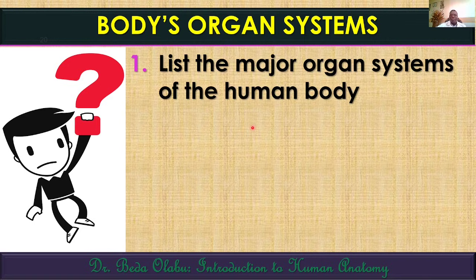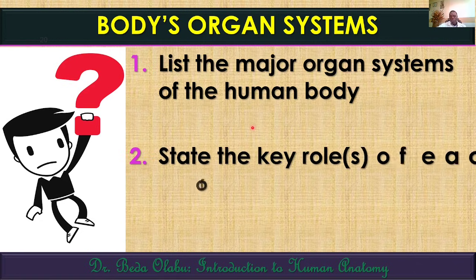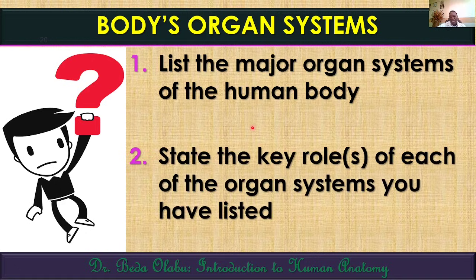Perhaps take a minute, maybe a few seconds to just list the major organ systems in the body. And if you are able to state one key function or the key functions of each organ system in the body, that would be good. So let me give you a minute to just struggle through that.